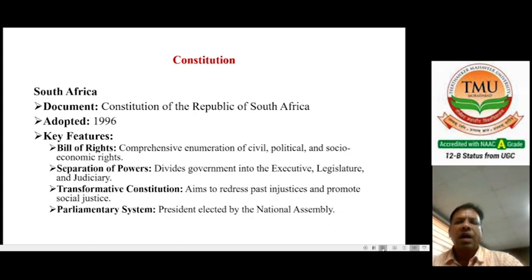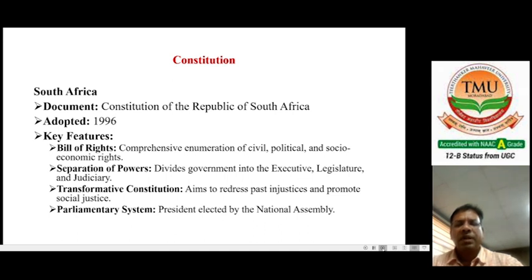Now come to another nation's constitution, very important, that is South Africa. The document is called the Constitution of the Republic of South Africa, and it was adopted in 1996. Here are some important key features of the South African constitution: Bill of Rights, comprehensively enumerating civil, political, and socio-economic rights.